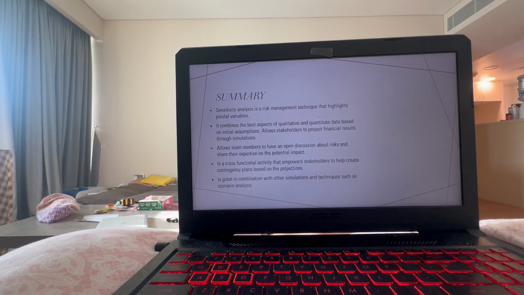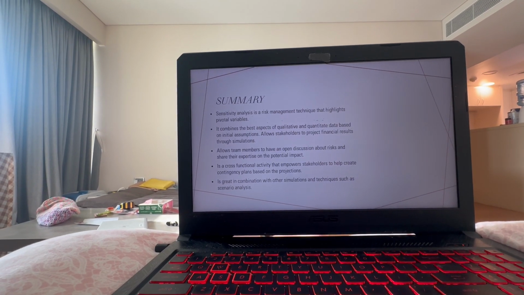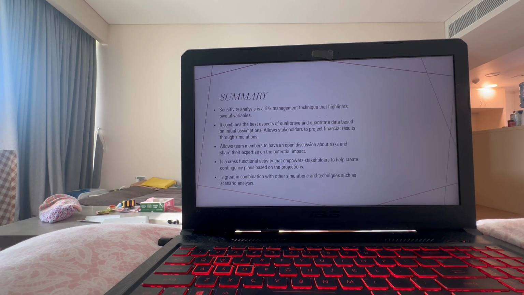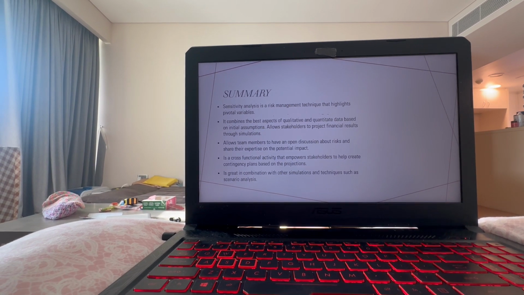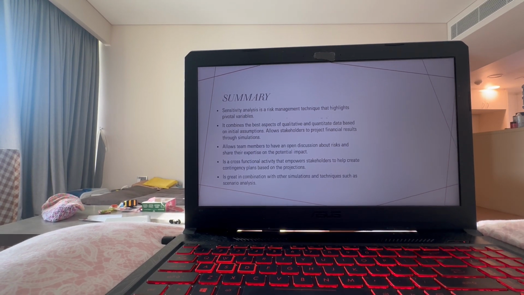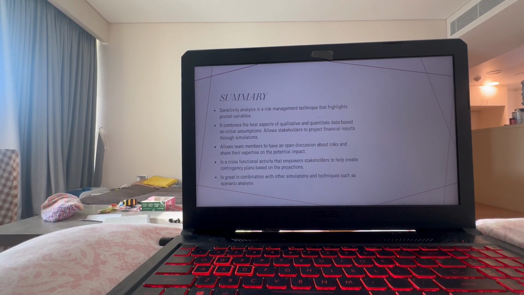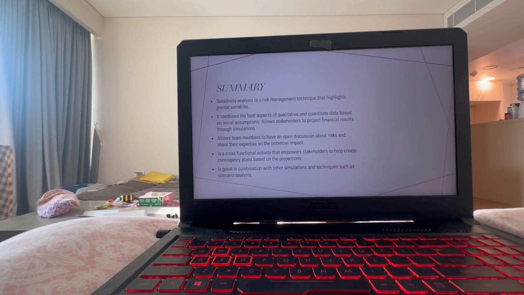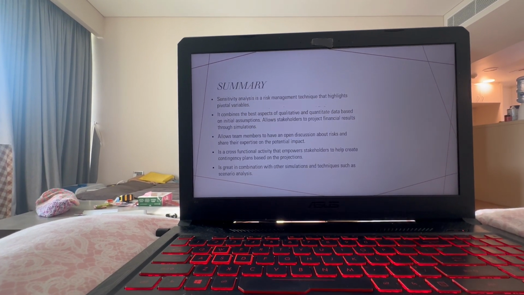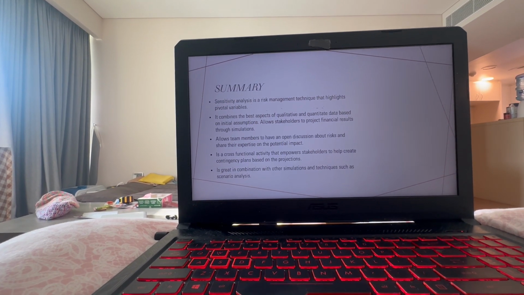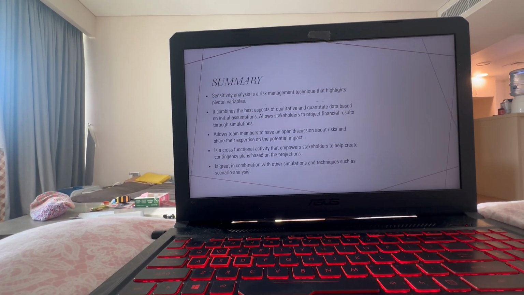In summary, sensitivity analysis is a risk management technique that highlights pivotal variables. It combines the best aspects of qualitative and quantitative data based on initial assumptions and allows stakeholders to project financial results through simulations. It's going to empower the team members to have an open discussion about risks and share their expertise on the potential impact as well as solutions to those risks should something arise in the future.